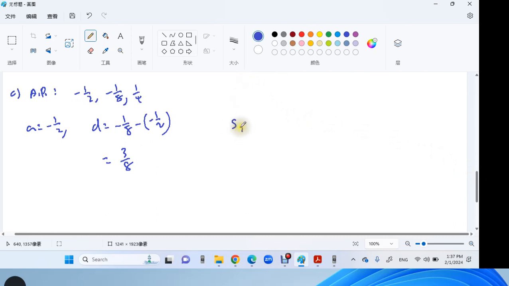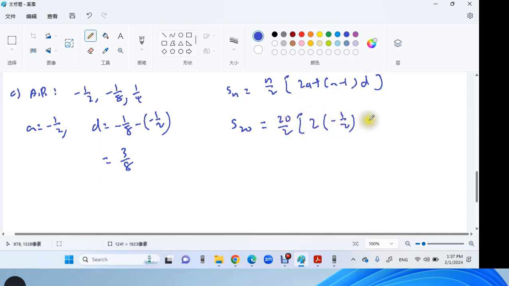So Sn is n over 2, (2a plus (n minus 1)d). So we have 20 over 2, (2 times negative half plus (20 minus 1) times 3 over 8). So we have a 10 here, negative 1 here.